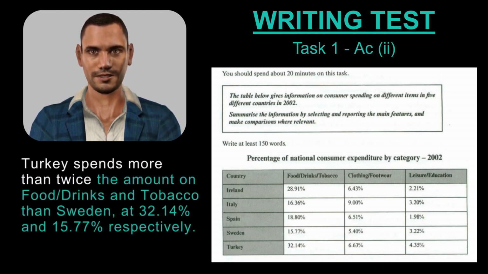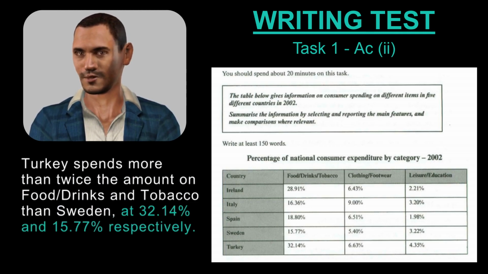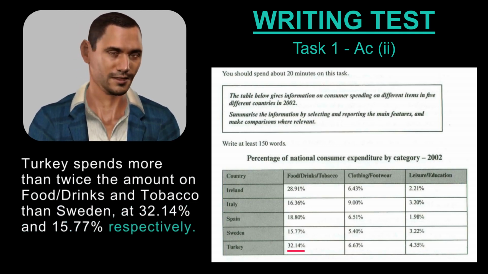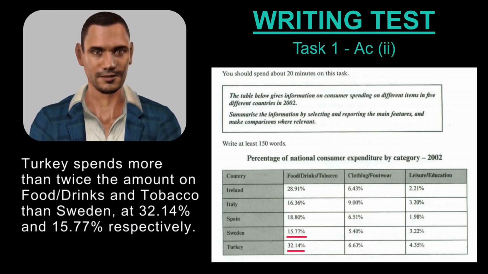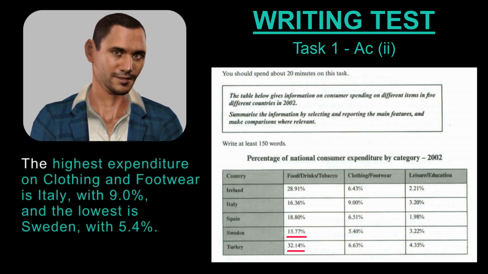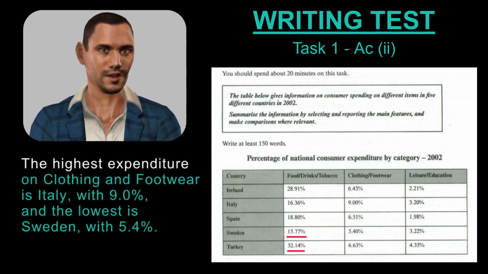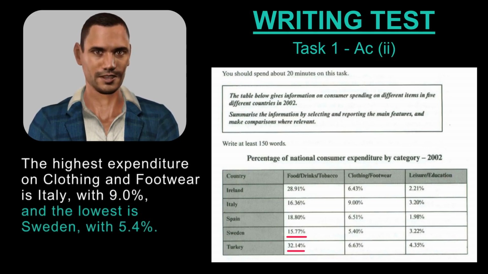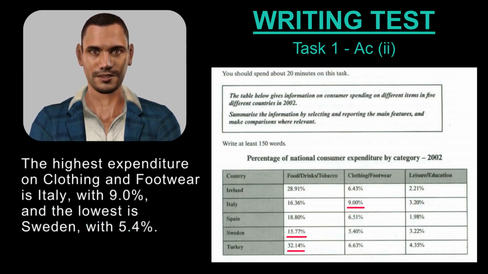Turkey spends more than twice the amount on food and drinks and tobacco than Sweden, at 32.14% and 15.77%, respectively. The highest expenditure on clothing and footwear is Italy, with 9.0%, and the lowest is Sweden, with 5.4%.